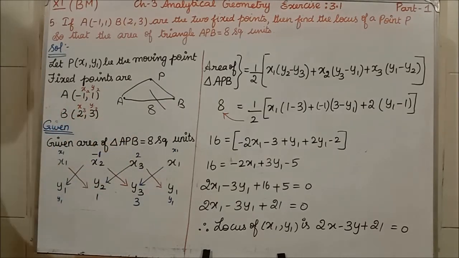In the question they have given the area of triangle APB as 8 square units. So I have written 8 is equal to 1 by 2, and I am doing it by the formula method.